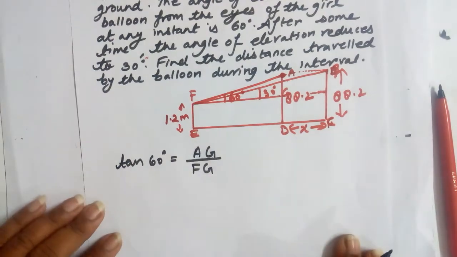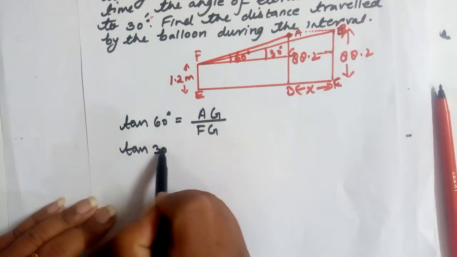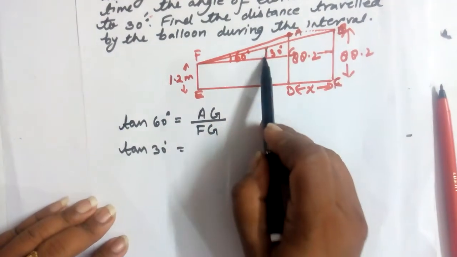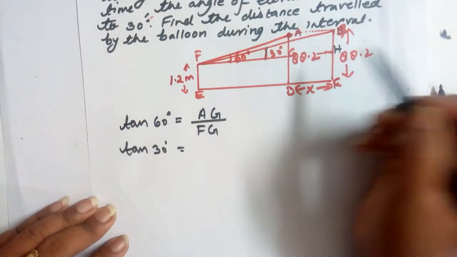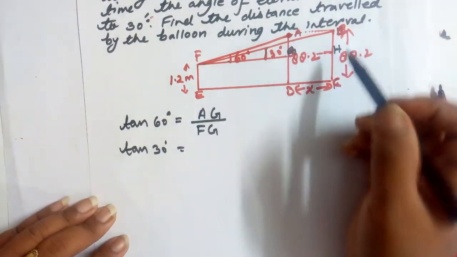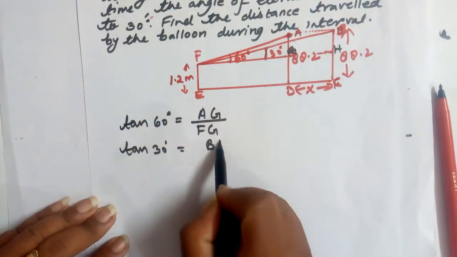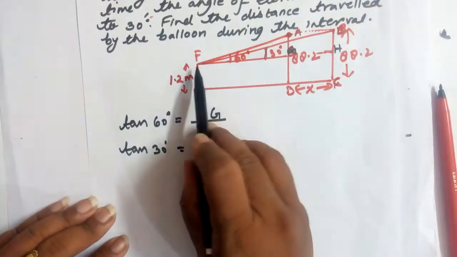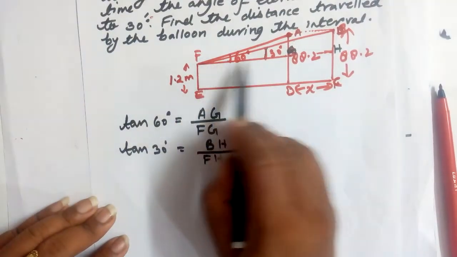And tan 30 degrees is equal to BH upon FH. This is the point H and this is the point G.